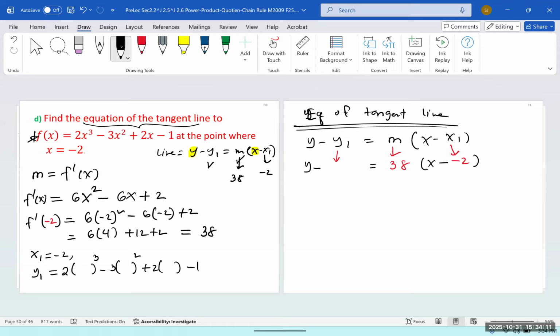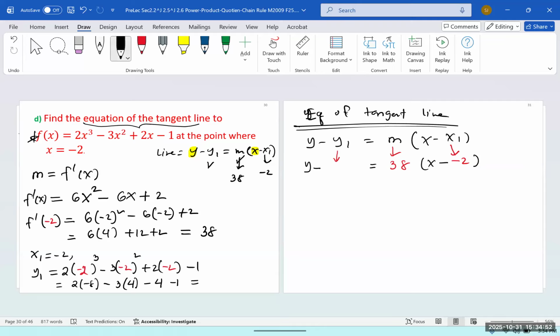That's why it's actually better to find the y1 first before finding the slope. Others get confused about where to substitute, in the slope or in the original function. So not -1, sorry, -2. To find y, you put in x. So we have 2 times -8, minus 3 times 4, plus 2 times -2, minus 1.